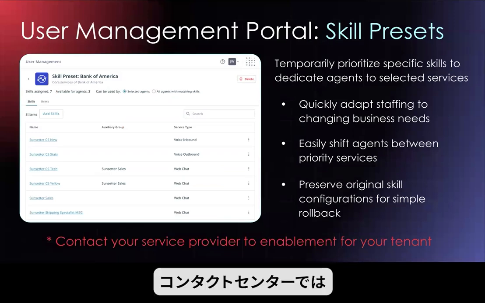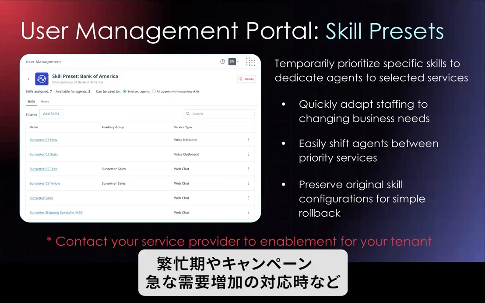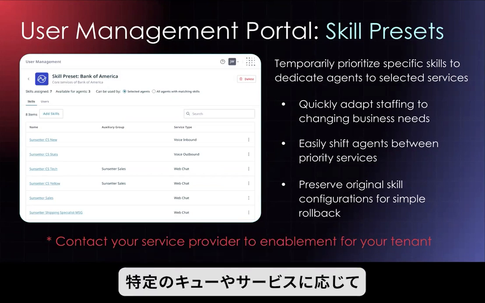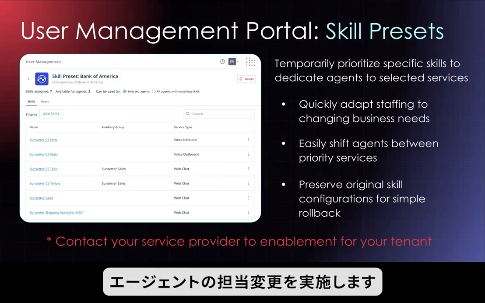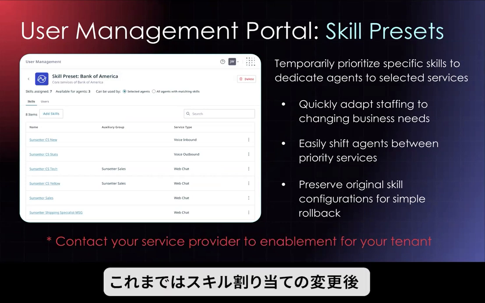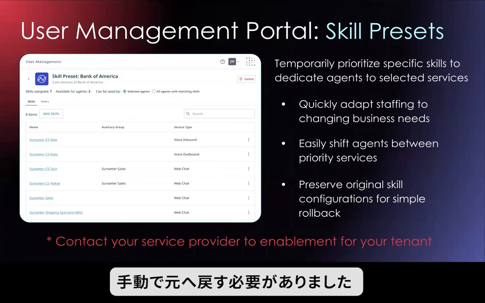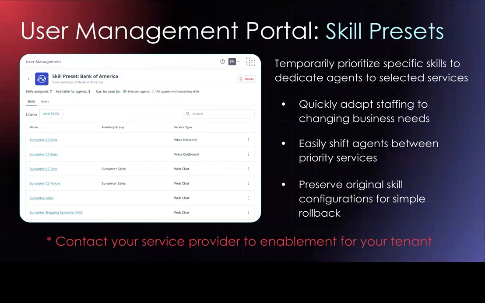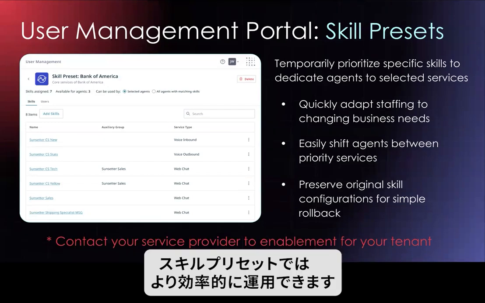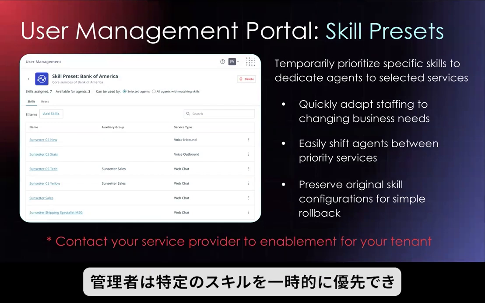As we know, many contact centers regularly need to shift agents to support specific queues or services. For example, during seasonal peaks or marketing campaigns or just unexpected spikes in demand. Previously, this often meant modifying agents' skill assignments and then manually restoring them later. Well, skill presets provide a much more efficient approach.